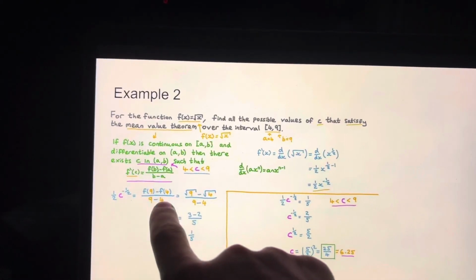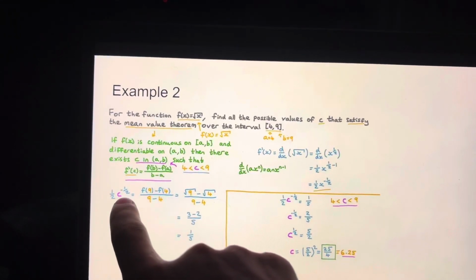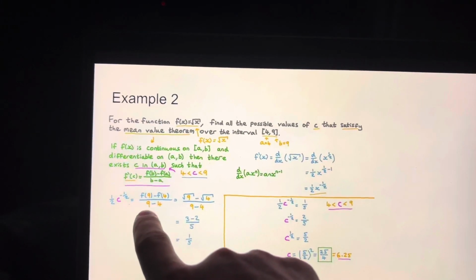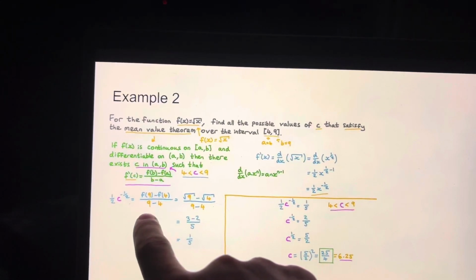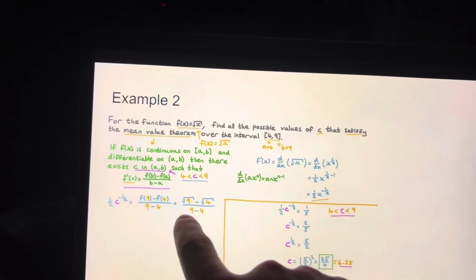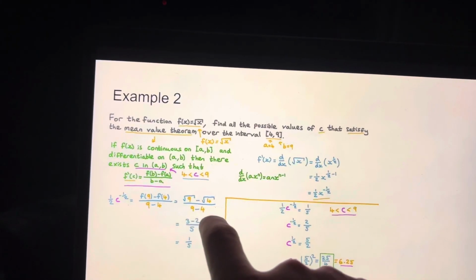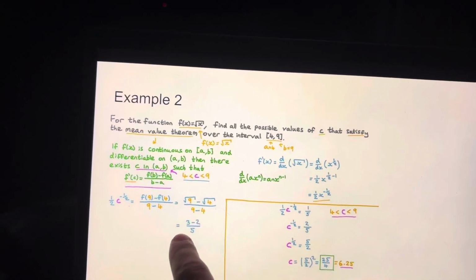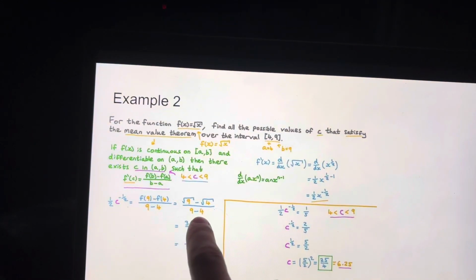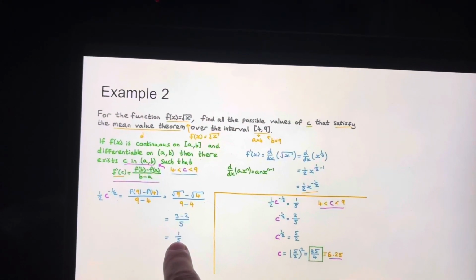So 1/2 c^(-1/2) coming from here. We get f(9) minus f(4) over 9 minus 4, which is equal to the square root of 9 minus the square root of 4 over 9 minus 4. Once we do all that math, square root of 9 is 3, square root of 4 is 2, 9 minus 4 is 5, that's 1/5.